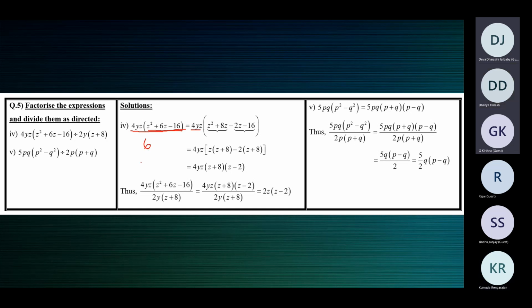Minus 16, ma'am. What are the two numbers? Plus 8 and minus 2, ma'am. Okay. Fine. So that 4yz will silently come out. Nothing to do with 4yz, just write it outside the bracket as it is. Split the middle term.